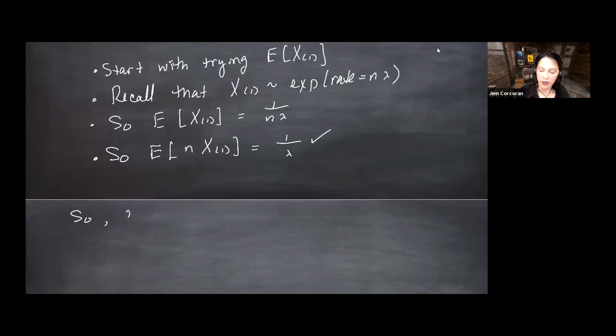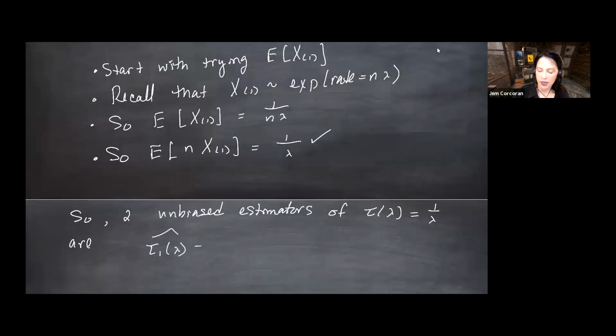So 2 unbiased estimators of tau of lambda, which was defined to be 1 over lambda, are tau 1 lambda hat, which is x bar. We found that way back at the beginning, step 1 here. And now we have a second one, tau 2 lambda.